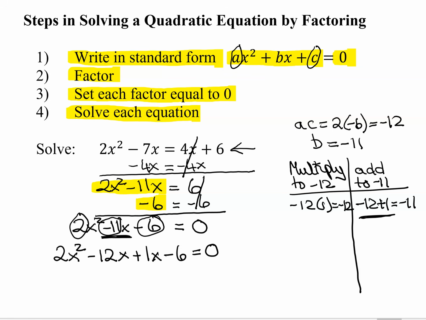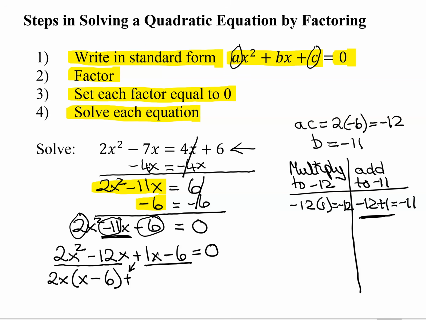Now I'm going to factor by grouping. What do the first two have in common? Their common factor is a 2x. And I factor a 2x out of 2x squared, I'm going to get x. Factor a 2x out of negative 12, well, 2 goes into negative 12 negative 6 times. And now I want to look at what do the last two have in common. Notice I brought down the plus. And if you look at the last two, they don't have anything in common.